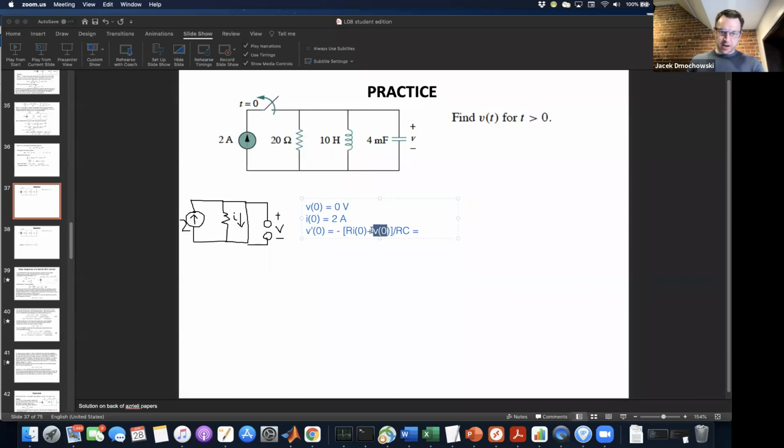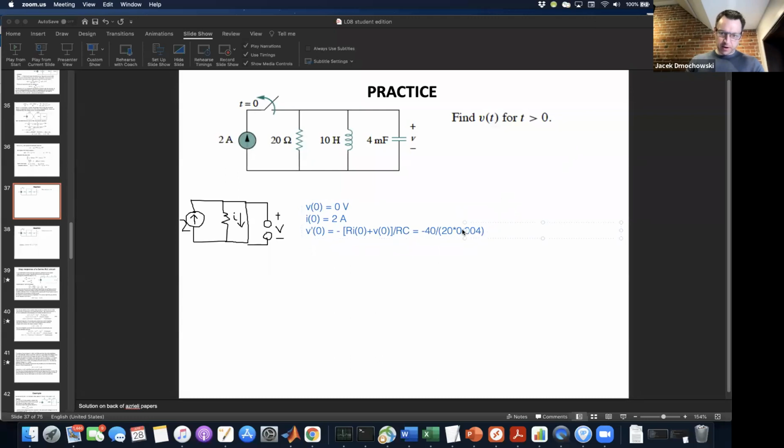So in this case, V0 is 0, so this term drops out. And then R times I0 is negative 40, over 20 times C, 20 times 0.004. Let me just expand this.